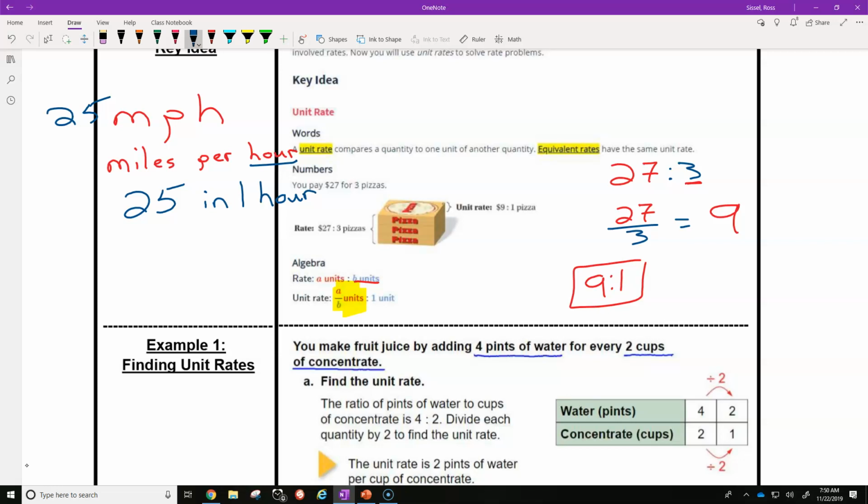The driving limit varies in different areas, but if I average 70 miles an hour driving home, because of the interstate and everything, and it takes me 3.5 hours, can I figure out how many miles I went?